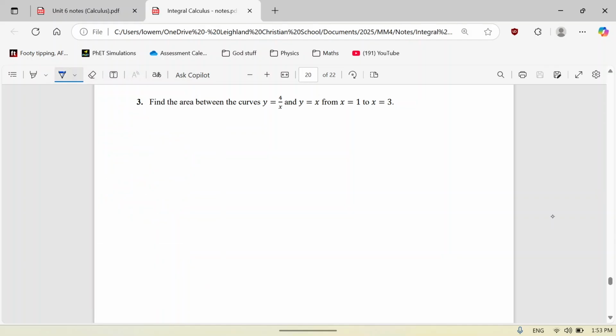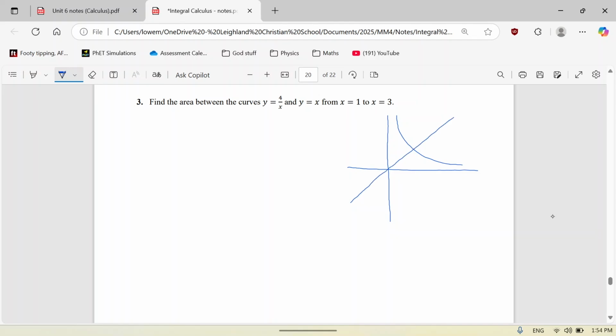So let's do a quick sketch so that we know what we're working with. So hyperbola, we know, curves down here and up here. It's a positive hyperbola. So let's sketch that in there.